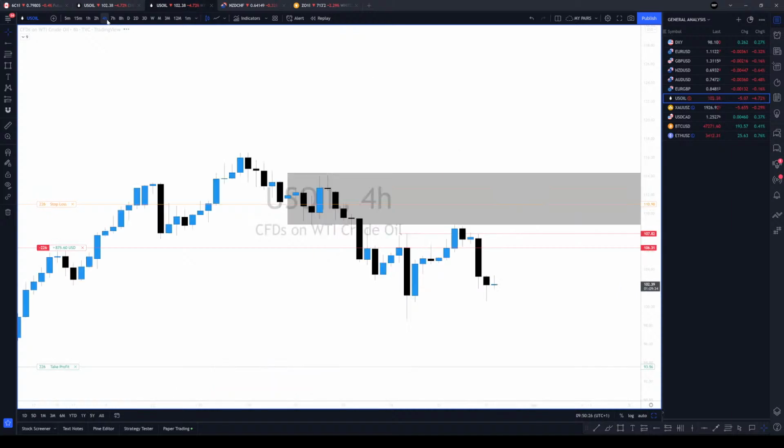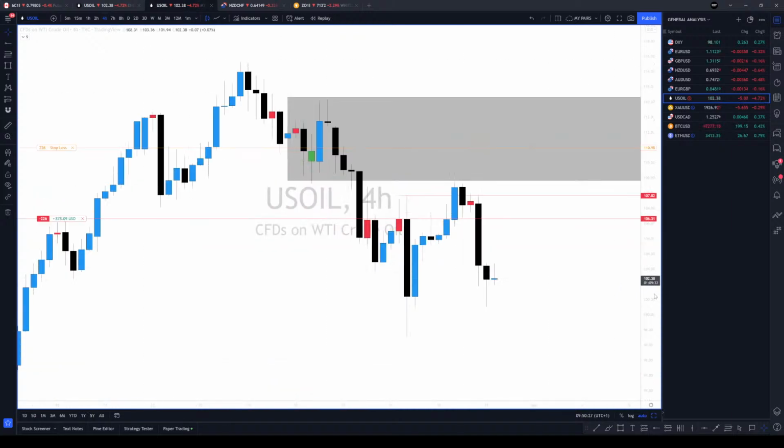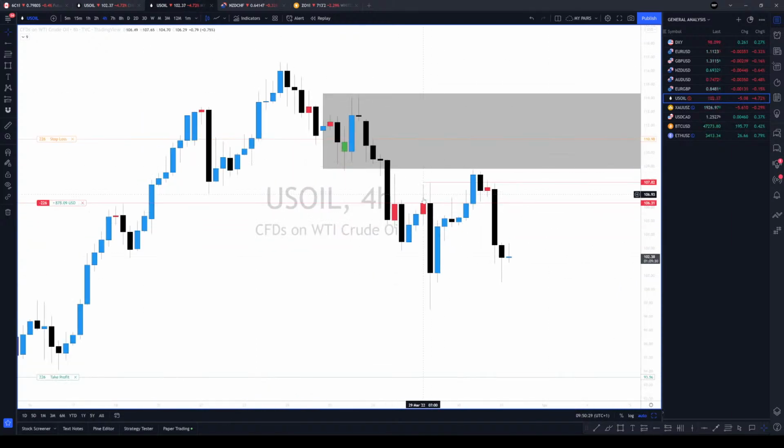So on the lower time frame, what I did was looking at this order block here as where they should stop, and then above it, what is the level that they can trade to.